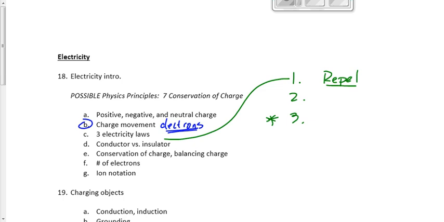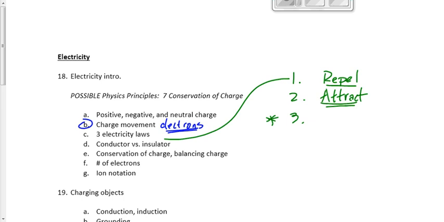Keep in mind that like charges will always repel each other, as opposed to unlike charges that attract each other. Again, a positive attracts negative, negative attracts positive. It's not likely to be a question that stands alone on the laws of electric charge, but rather part of a bigger question, just one small part of it.